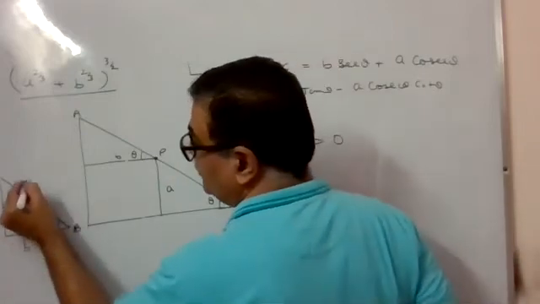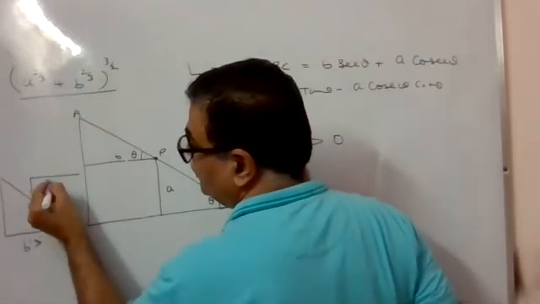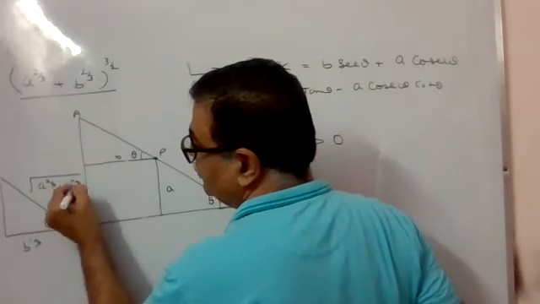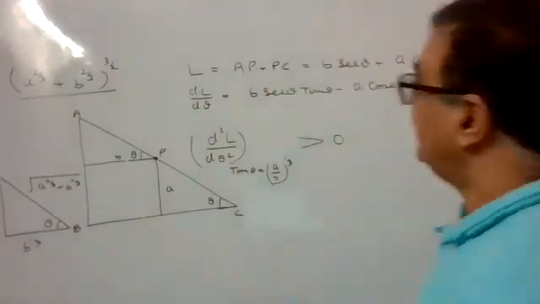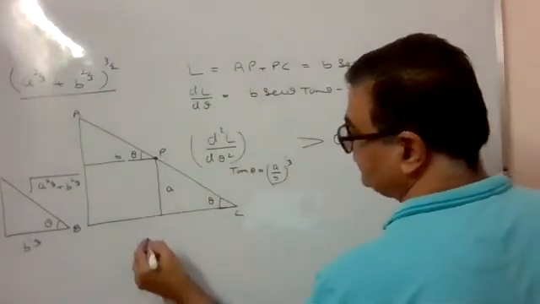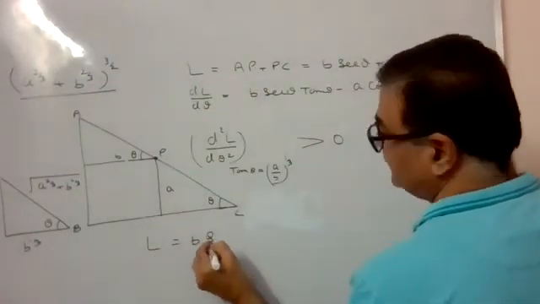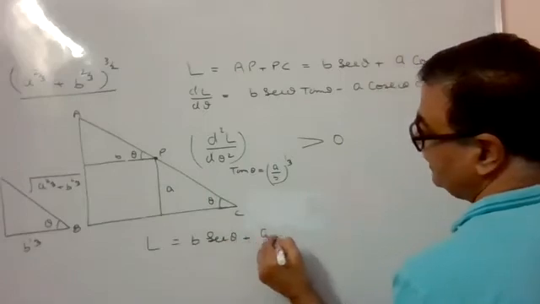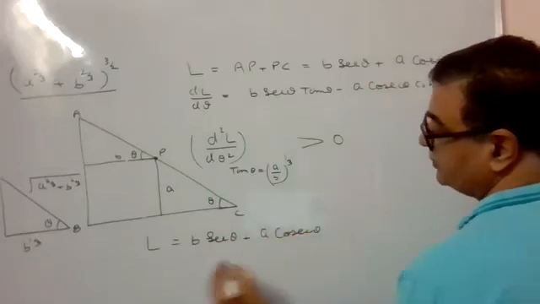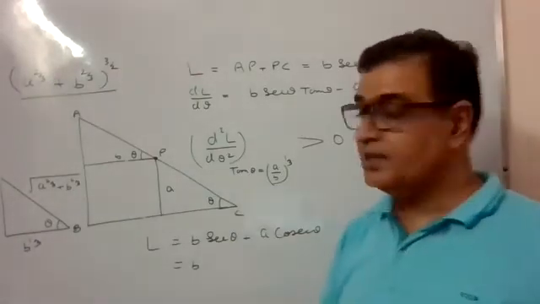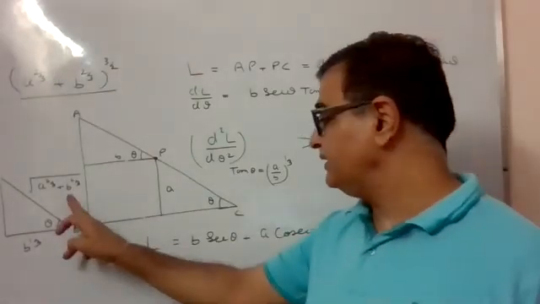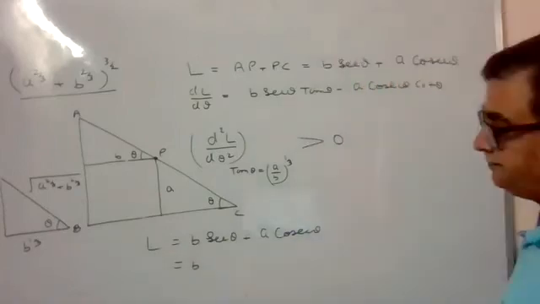So the hypotenuse will be root of A power 2 by 3 plus B power 2 by 3. And now I want the length of this, so it will be B sec theta plus A cosec theta. Just check here, B sec theta. Sec theta is what? Hypotenuse by base.